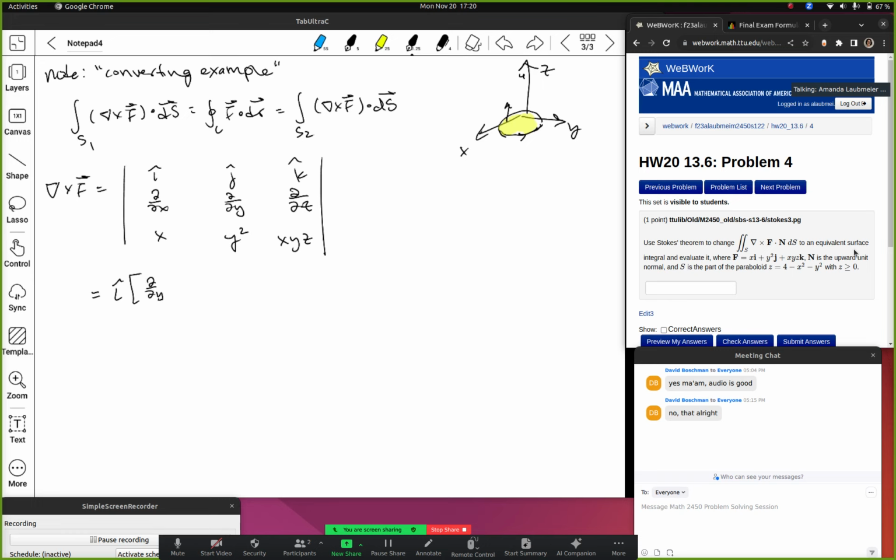Well, I'll write it out fully and then simplify in the next step. Then j hat of d/dx of xyz minus d/dz of x. Plus k hat of d/dx of y squared minus d/dy of x.